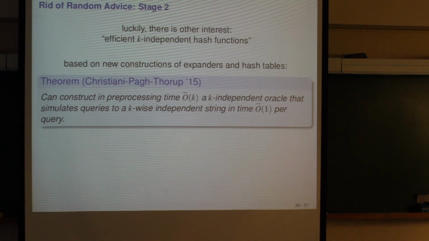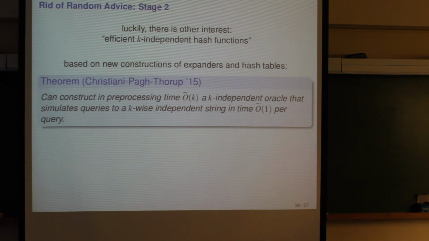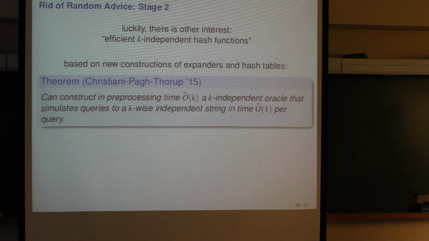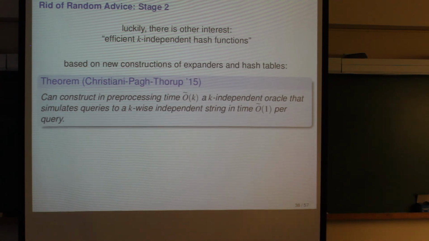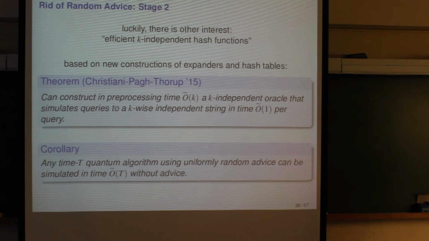So you do some preprocessing time, which scales as k, which you can expect, right? That's kind of the randomness that's needed. But then, once you have this data structure, you can simulate queries to this much larger object, which is not really there, in only Õ(1) time per query. So we're very thankful to them.